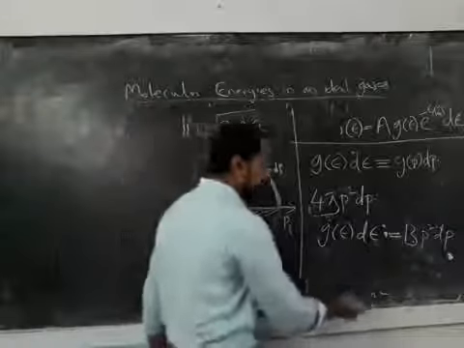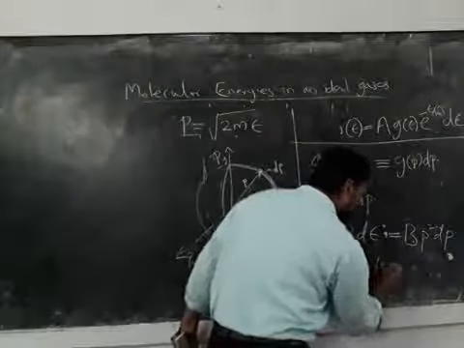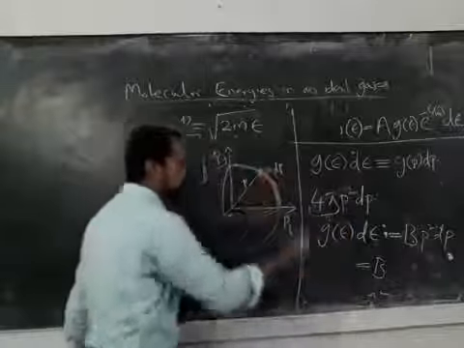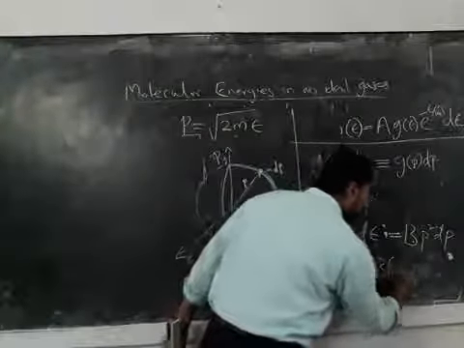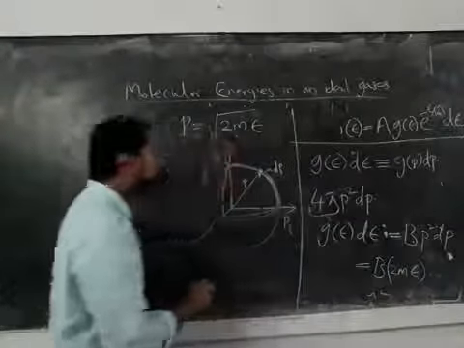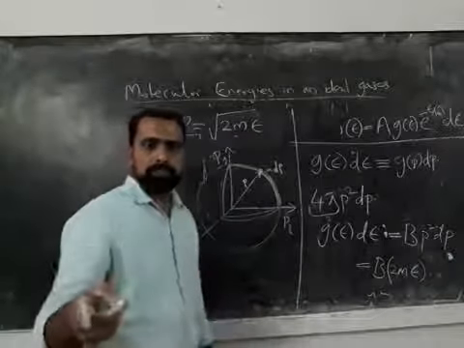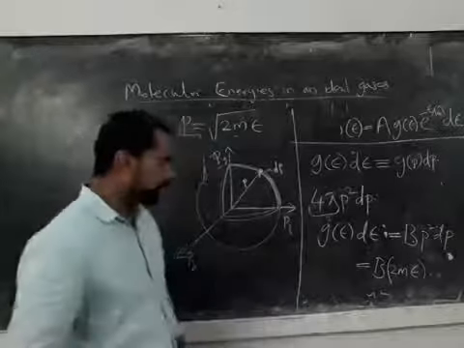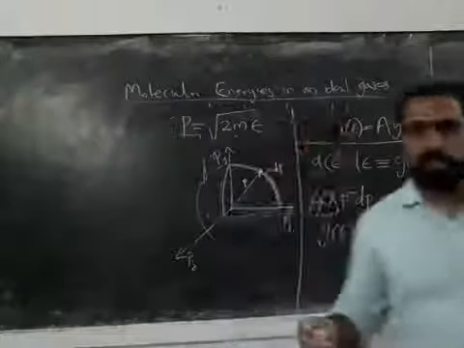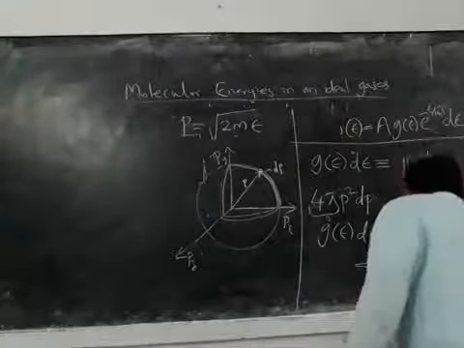So we can just write it as b times p squared. What is p squared? p squared is 2m epsilon. And what about the dp? I think we kept the dp here, and I just removed it. So instead of dp, I will write the expression. What is the expression for dp?